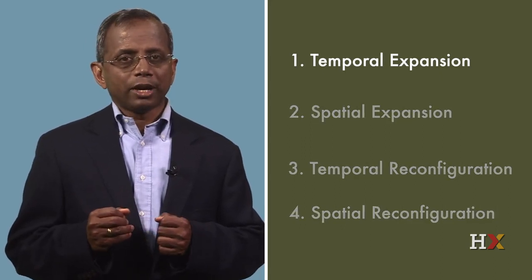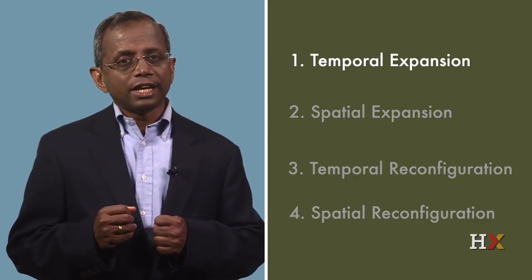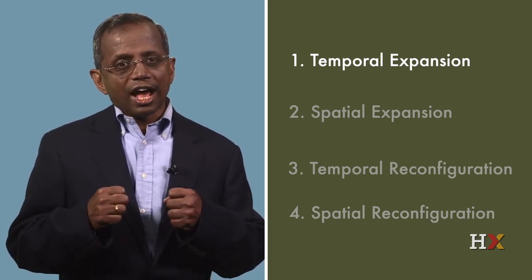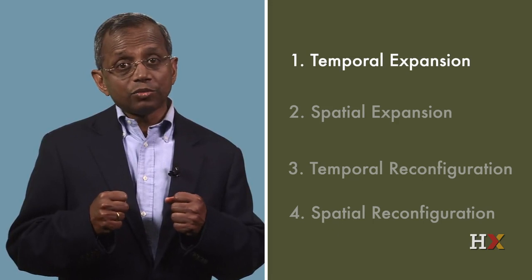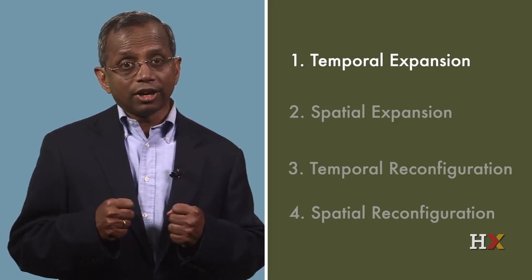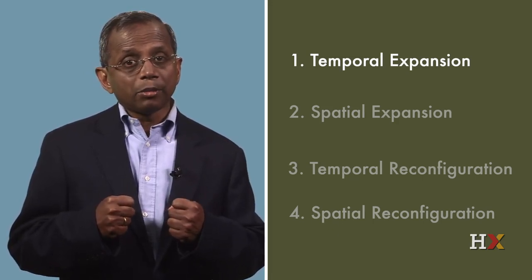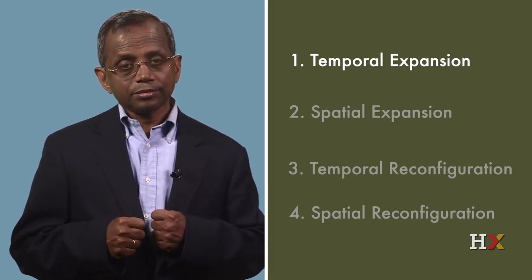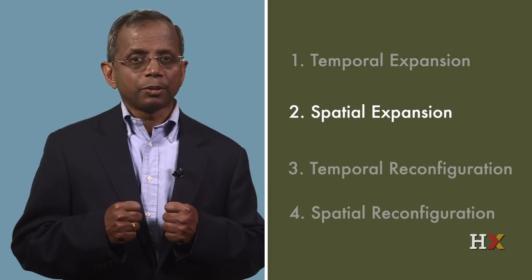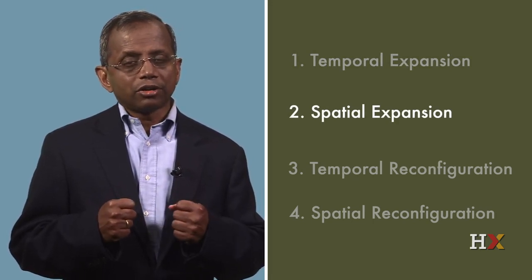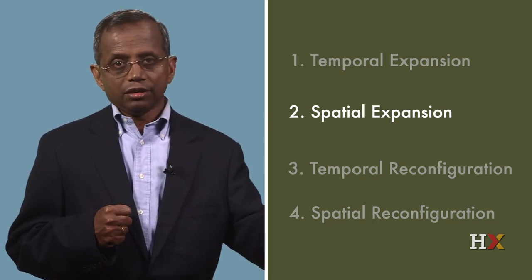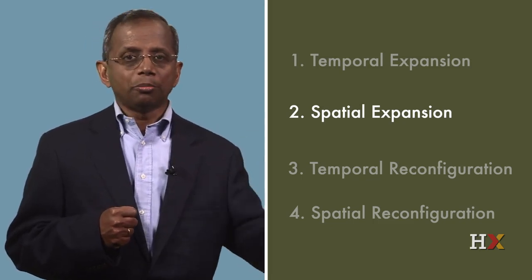So temporal expansion is about finding new opportunities, new offerings that add new activities within a primary activity chain to make this primary chain more efficient and more effective. Spatial expansion is about creating new activities in an adjacent activity chain, going from car purchase to home purchase, for example.